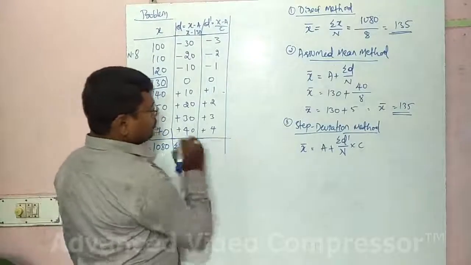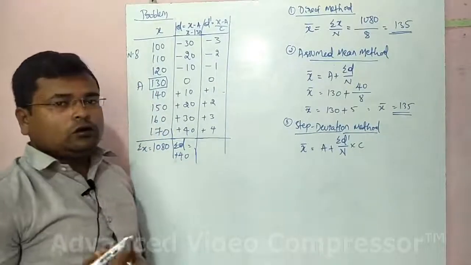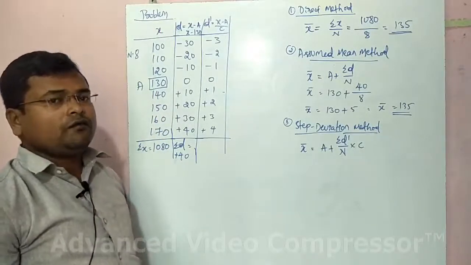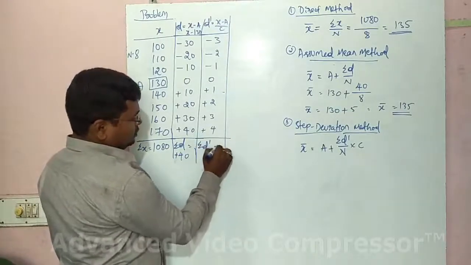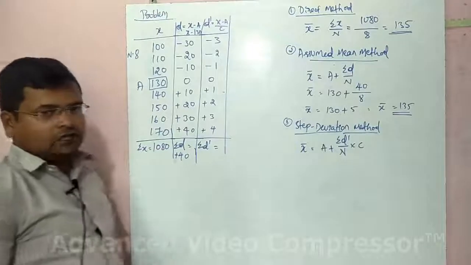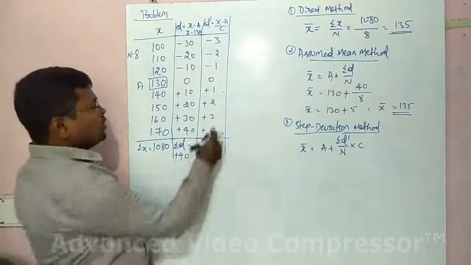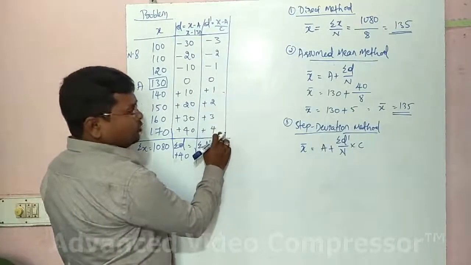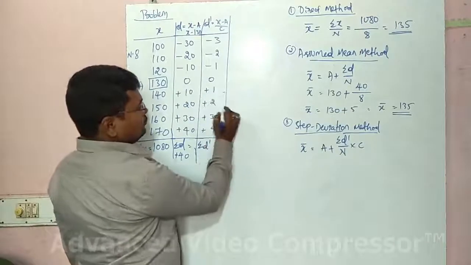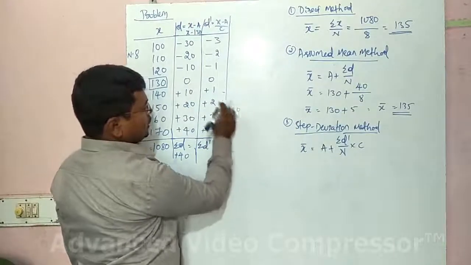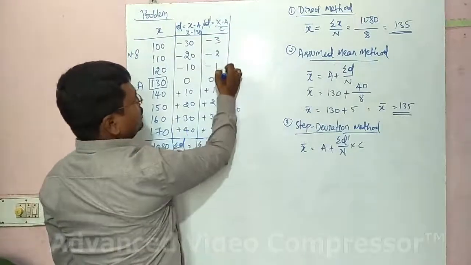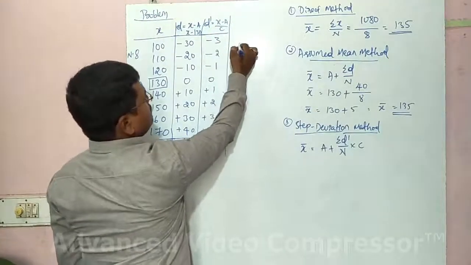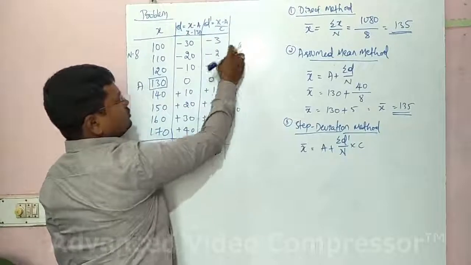Now again we have to do the summation of D dash. For the summation of D dash we follow the same procedure as the previous method. We calculate all the positive values first. So 1 plus 2 plus 3 plus 4 is equal to 10. And again we calculate all the negative values, that is 1 plus 2 plus 3 is equal to 6.